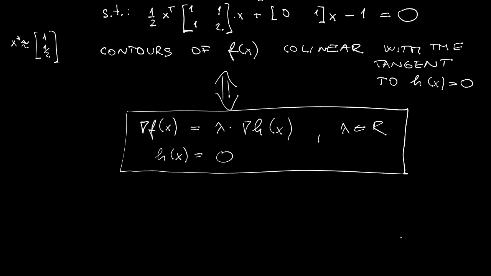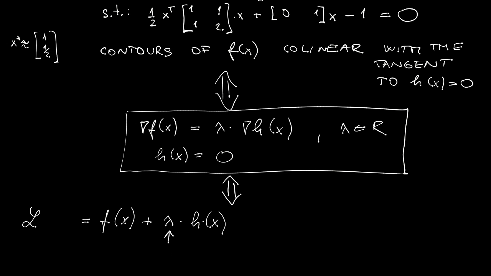But let me now show you yet another way how to arrive at this particular solution. And this consists in introducing a new auxiliary function which we will label as L, and the function will be obtained in this way. It will be composed of the original cost function, the optimization criterion, plus some coefficient times the function that defines the constraints.